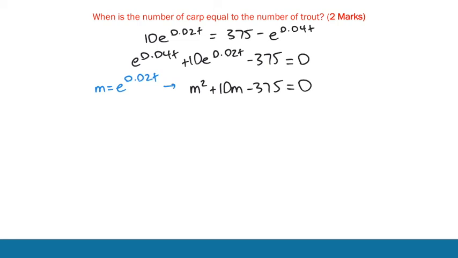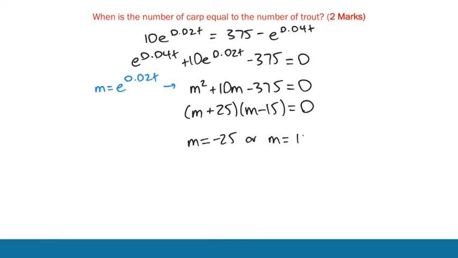And from here we turn to any method you normally use to solve a quadratic. This particular one factorizes to m plus 25, m minus 15. You might spend 30 seconds figuring that out or jump to the formula. It's really your choice. So we get m equals negative 25 or m equals 15.